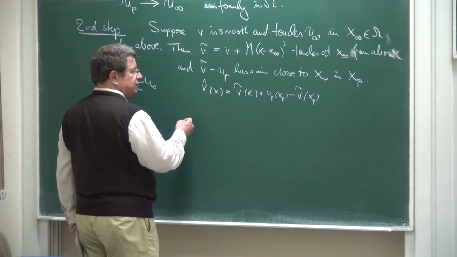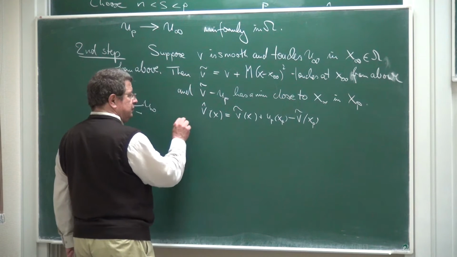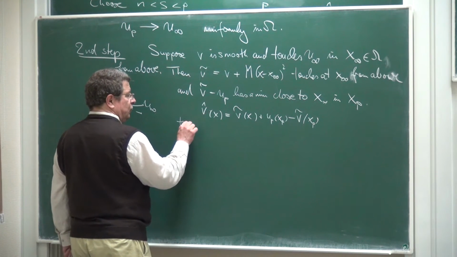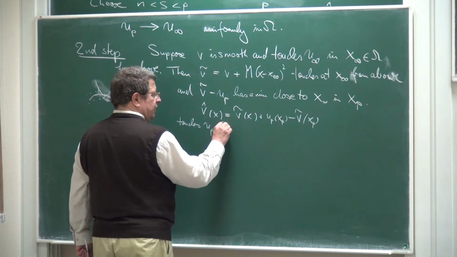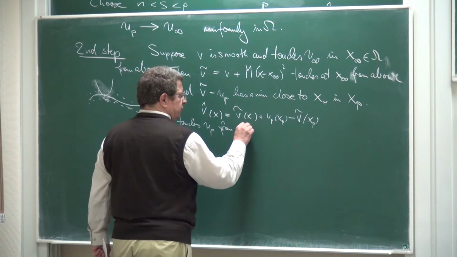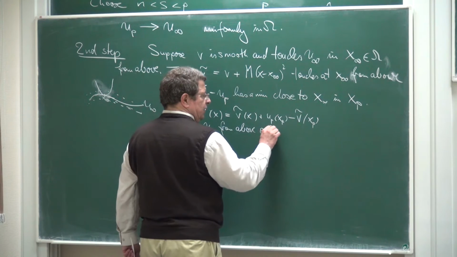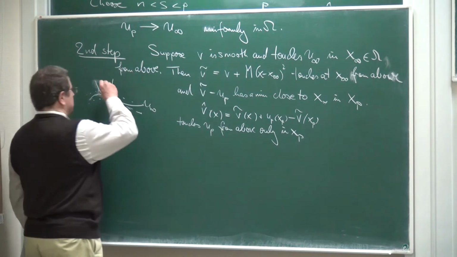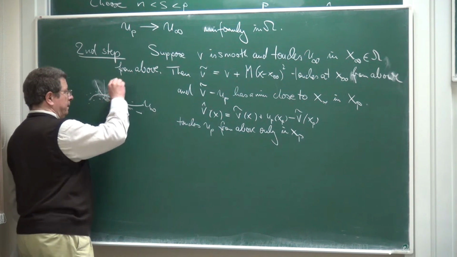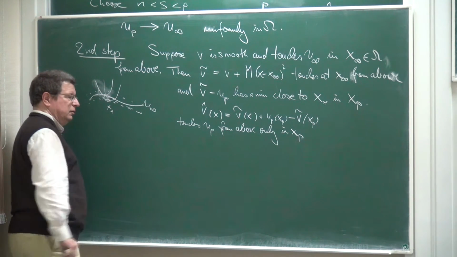Then this function touches u_p from above only in x_p. So this may be a little bit shifted. Here's the point x_p.